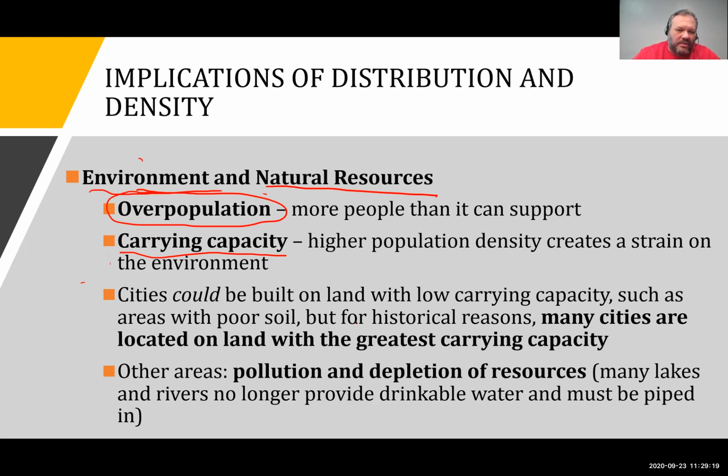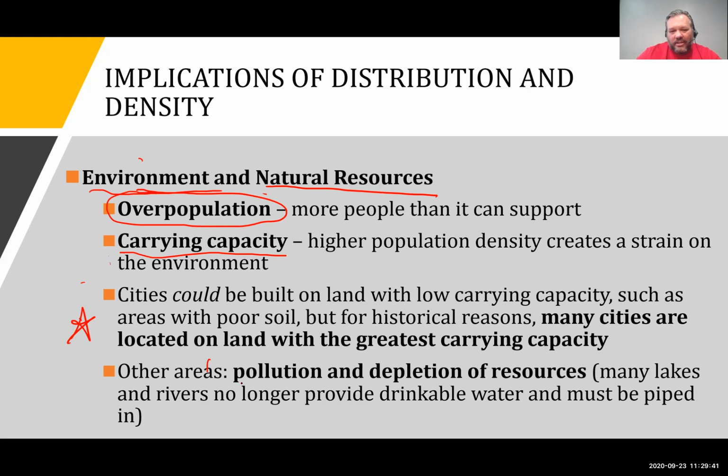All right, now think about something like Las Vegas. That would be different. We can locate places with a very low carrying capacity and have it work. And again, someplace like Las Vegas, their biggest concern would be water, obviously. Can they sustain what they have given their water resources?